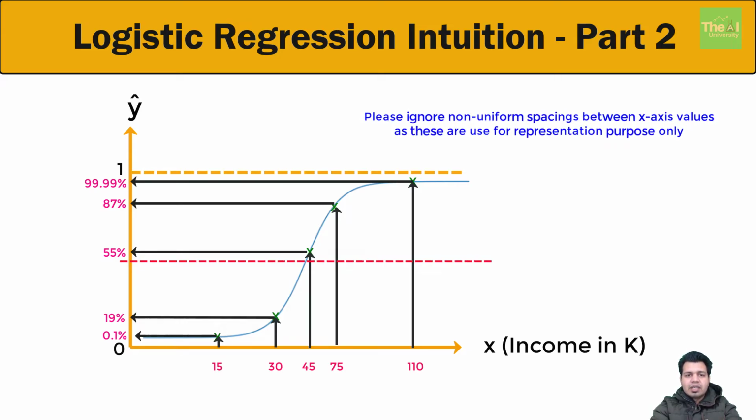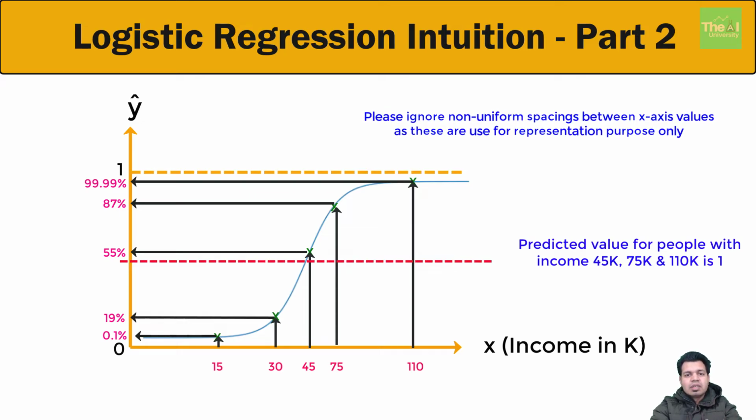On the other hand, any point which falls on this curve above or on the imaginary line, we will have the predicted value as 1, which means the person is likely to click on the email offer because the predicted probability of clicking on the email offer is more than 50%.